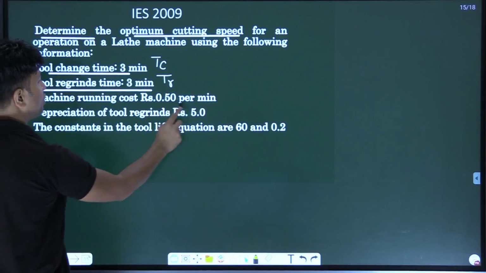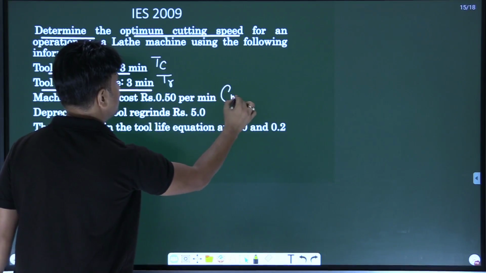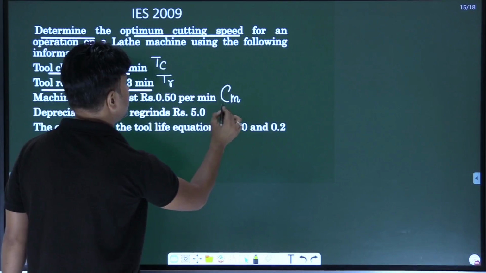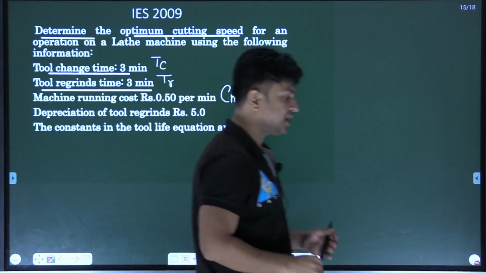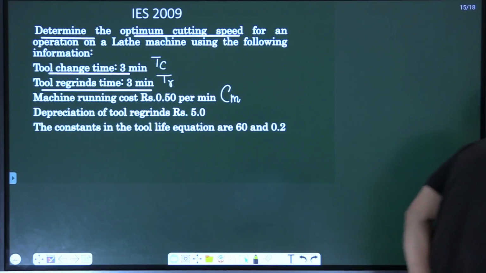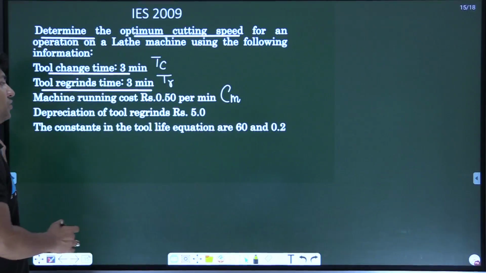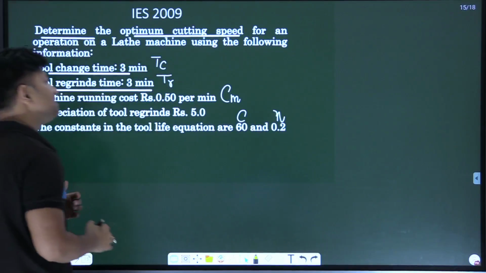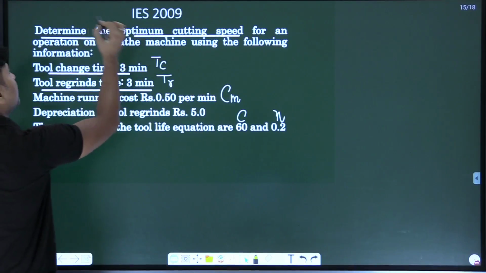Machine running cost, since you are doing a machining operation, that is CM, is given. Depreciation of tool regrind is given. The constants in the tool life equation are given to us, that is 60 and 0.2, that is C and the index value. Now, you have to calculate the optimum cutting speed.